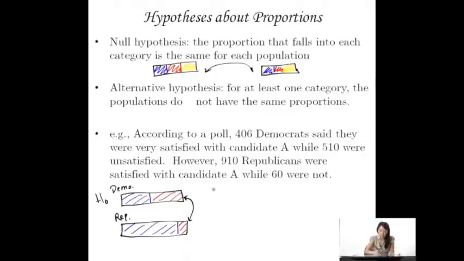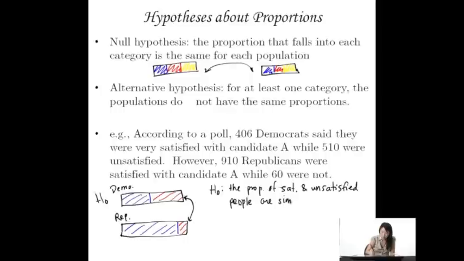The null hypothesis would probably say something like this: the proportion of satisfied and unsatisfied people, I guess, are similar, are the same for Dems as well as Republicans.